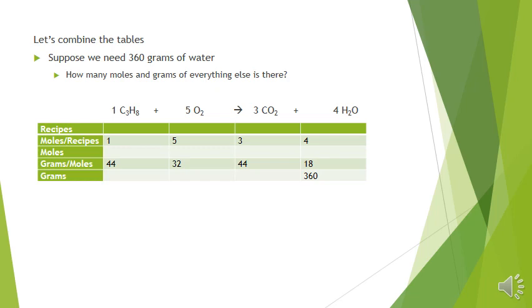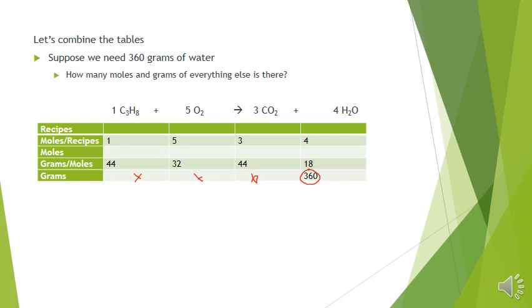Suppose I have 360 grams of water. And what I want to know is how many grams of everything else. So the first thing you need to do is find out how many recipes.